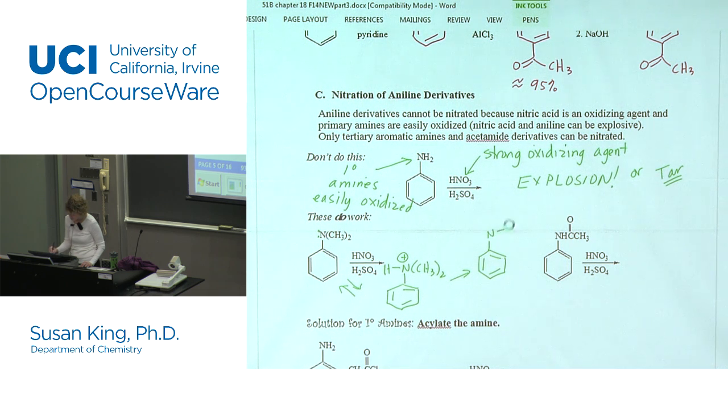But you also will get the other ones depending on which state you're in in this equilibrium. So you can get some ortho, para, and you're also going to get some meta here. All right, and this should be NH2, sorry, let me fix that. NO2, yeah.